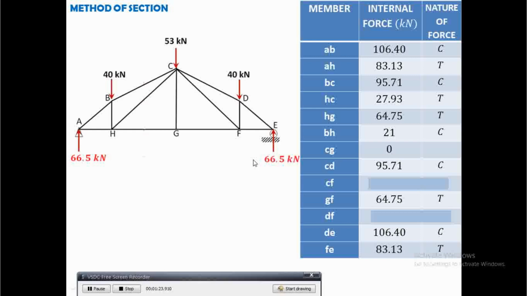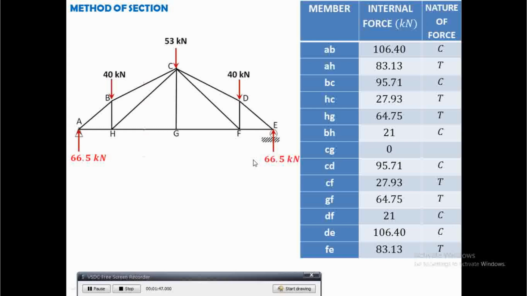HC is the same as CF, that is 27.93 tension. HG, as you can see here, that is equal to GF. BH is equal to DF, that is equal to 21 kilonewtons under compression.